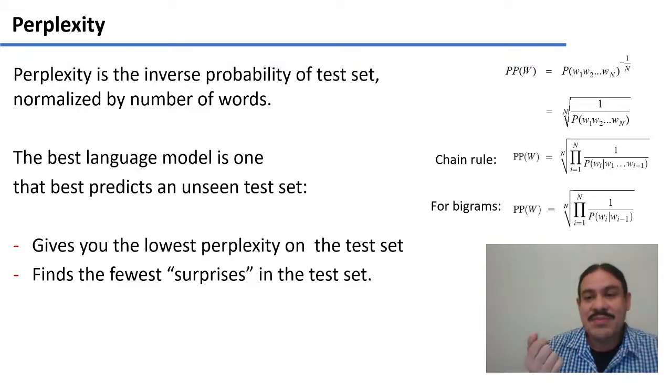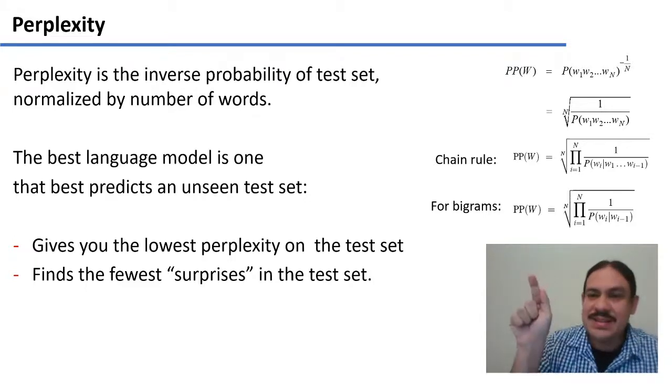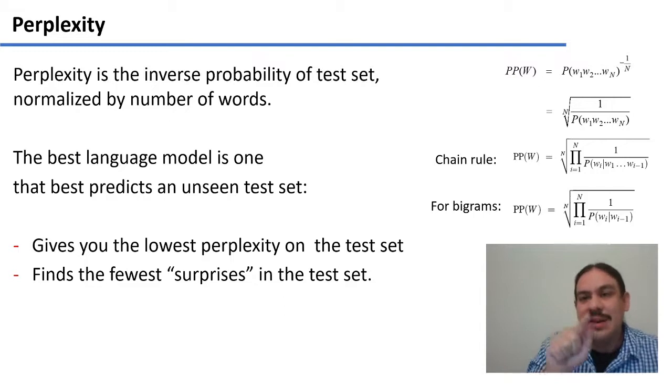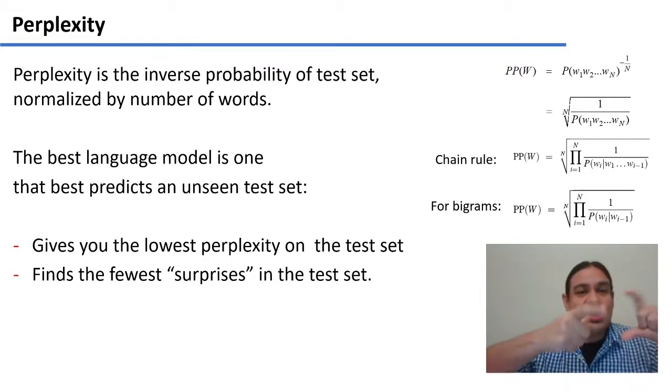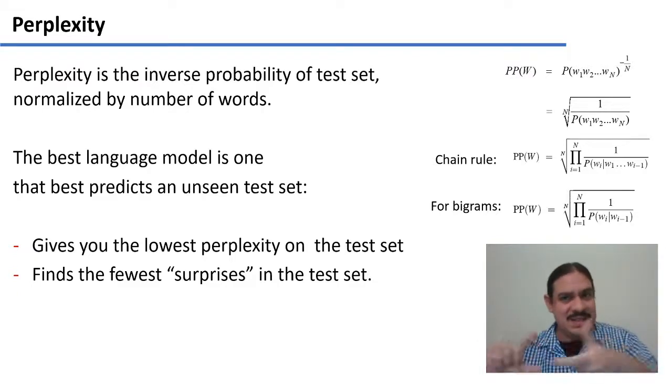The first step is for you to notice that it's an inverse of probability. So it's 1 divided by the probability of our structures. For example, if we have bigrams, it's 1 divided by the probability of each of the bigrams. We're going to use the chain rule to look at the probability of all of the bigrams in our testing set.